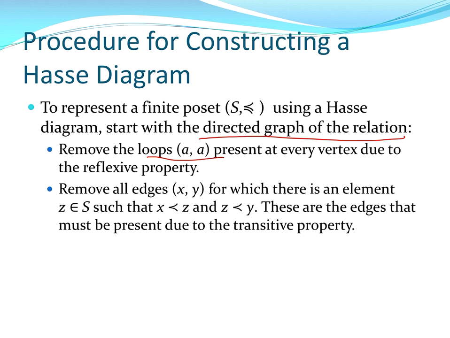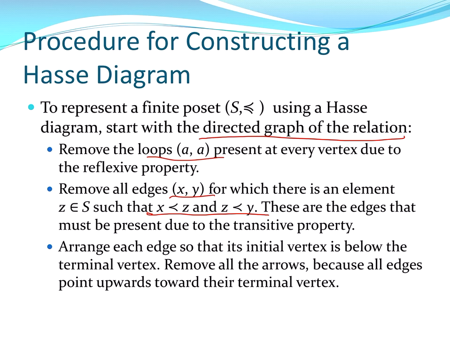We remove transitive edges: if there's an x earlier than z and z earlier than y, we just leave off the edge x, y. And then here is what I was getting at: we arrange each edge so that its initial vertex is below the terminal vertex, and then we remove all the arrows because we know that all of the lines point upwards.